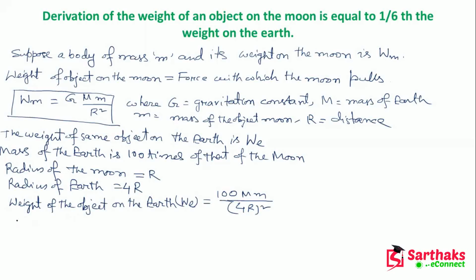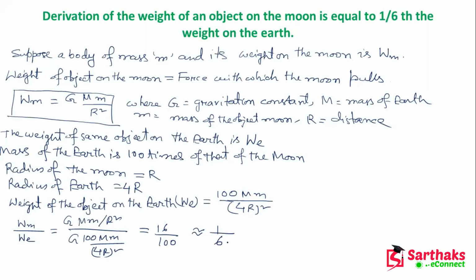If we find the ratio of the weight of the object on the moon to the weight of the object on the earth, it will be 16 by 100, and it is approximately 1/6.